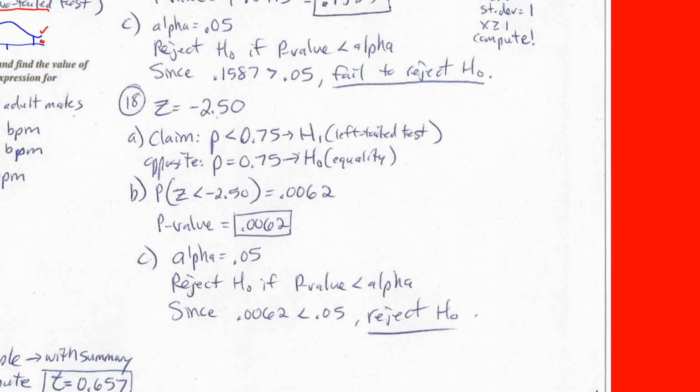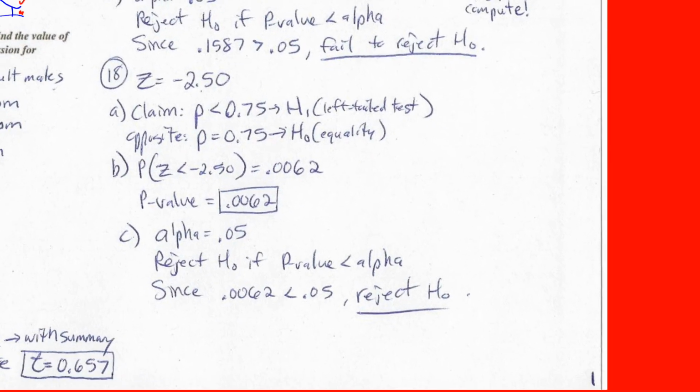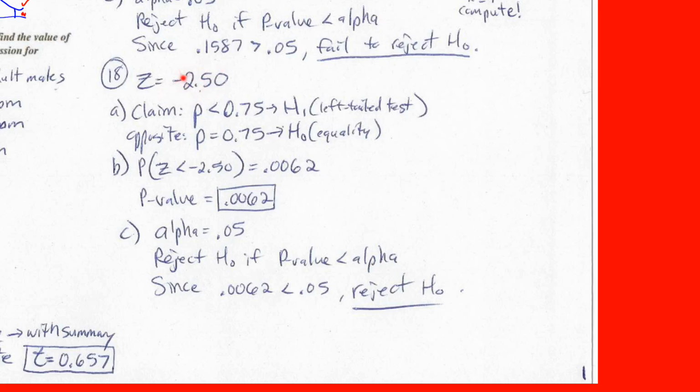which is just a different number. It's a number on the left side. So because this is a number on the left side, the number in the table is actually going to give us this. That's what we want, and so we don't have to subtract from 1 in this case.